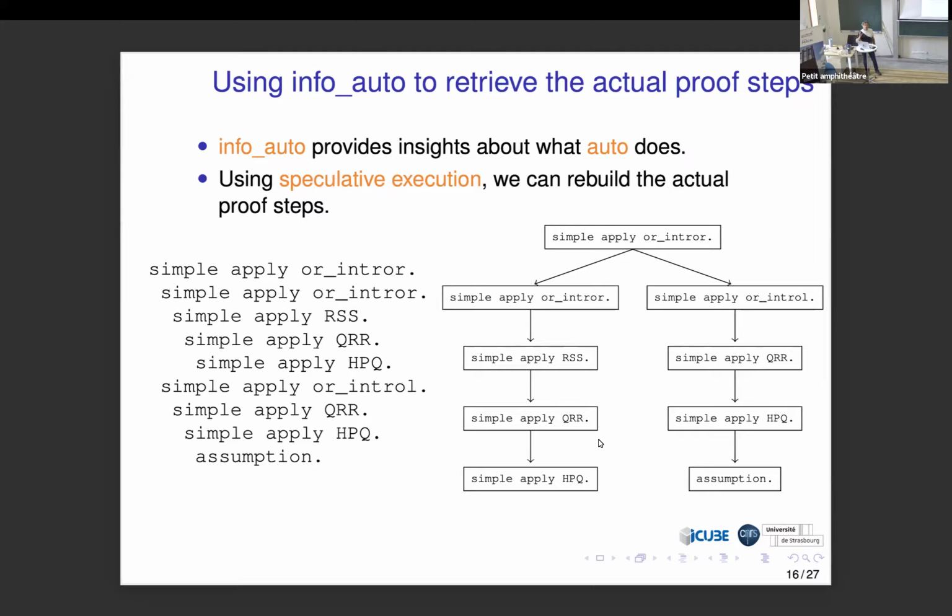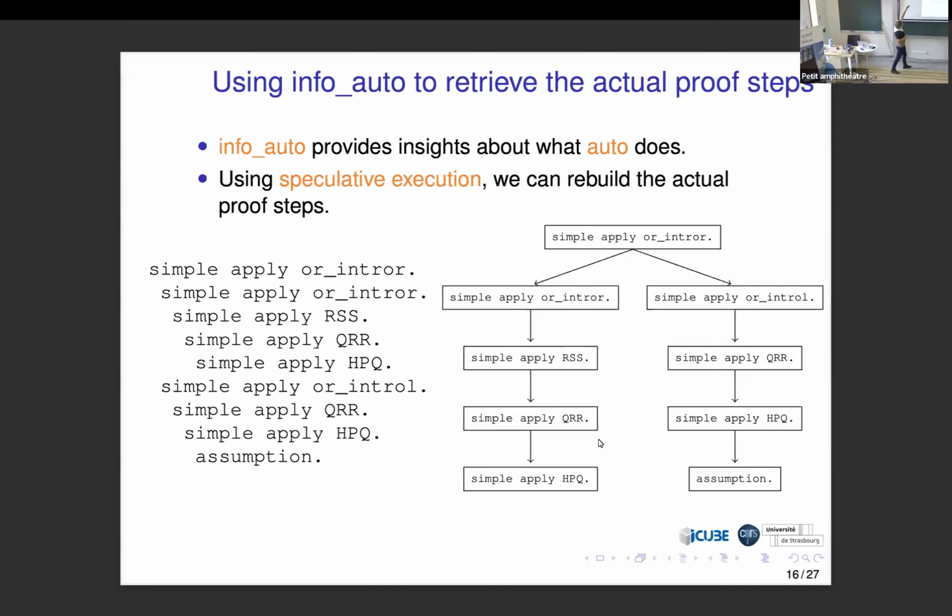It somehow summarizes what has been tried by auto. So it's the list of everything it tries, with no explicit explanation of when some backtrack happened or we didn't manage to use it properly.